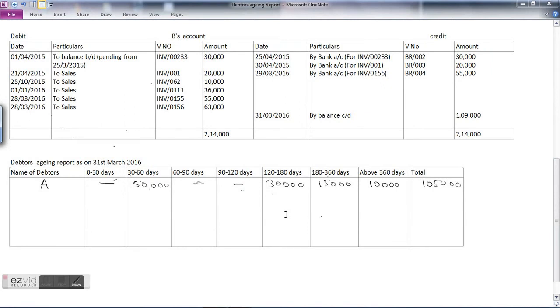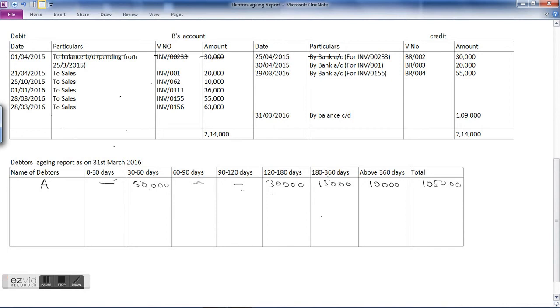Now let's go to the B's account. If you see the B's account, there is a balance brought down which is pending from 25/3/2015. Then you have sales on the debit side, and on credit side you have all the receipts against which the invoice number details are given. So this entry 25/4/2015 by bank account is for invoice number 00233, amount 30,000.